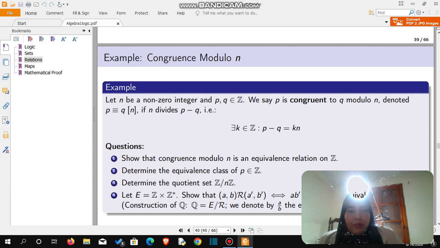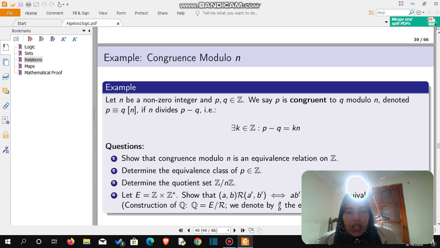Example: let n be a non-zero integer, and p and q in Z. We say that p is congruent to q modulo n if n divides p minus q.